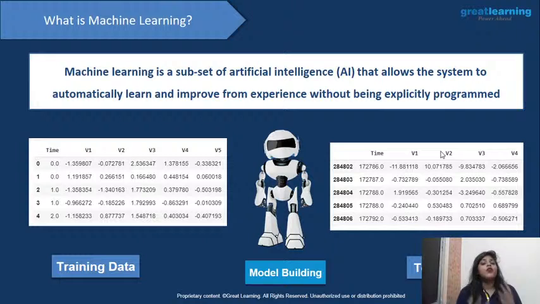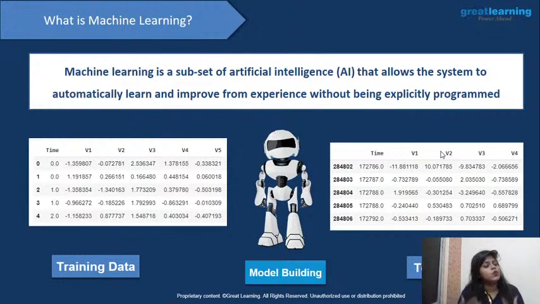Okay, so what is machine learning we were talking about? It's part of artificial intelligence. We are all quite used to this term, artificial intelligence, but some of us have an idea about what it is, and some of us don't. Let me tell you what AI is. AI is basically an umbrella under which we have lots of domains and lots of techniques.